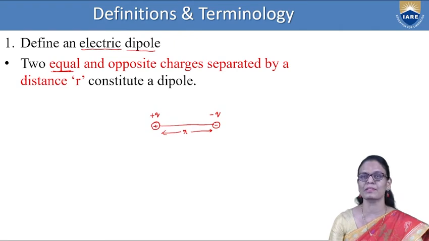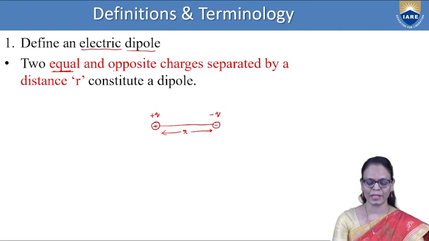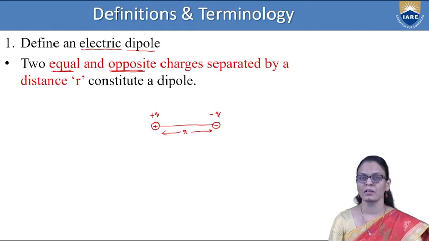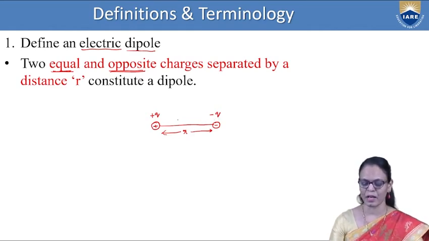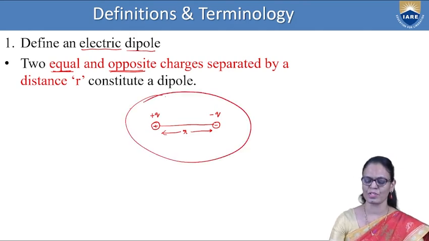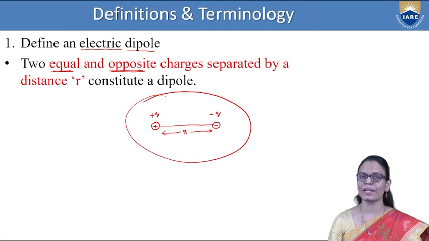So I am taking them as q and q, but they are opposite charges. If this is a positive charge, this is a negative charge, and they are separated by a distance r. This constitutes the dipole. So two equal and opposite charges separated by a distance r will constitute a dipole.